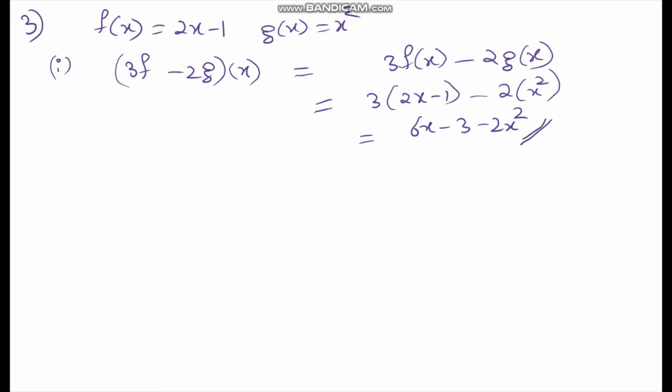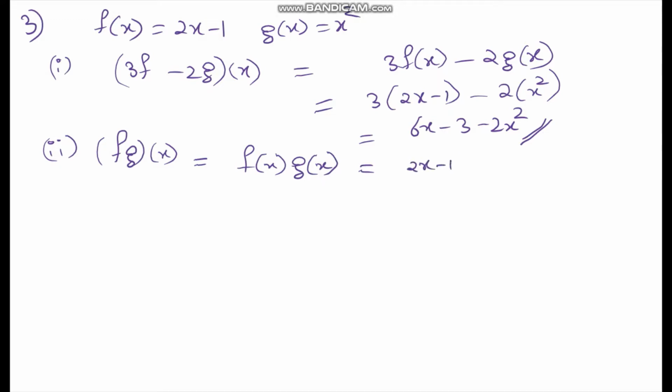This is the value. Second one is (fg) of x. This is nothing but f of x into g of x. It is a product of two functions, (2x minus 1) into x square. So this will be equal to 2x cube minus x square.